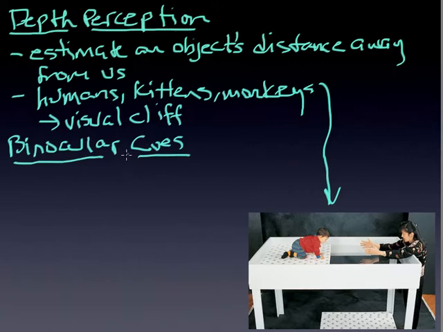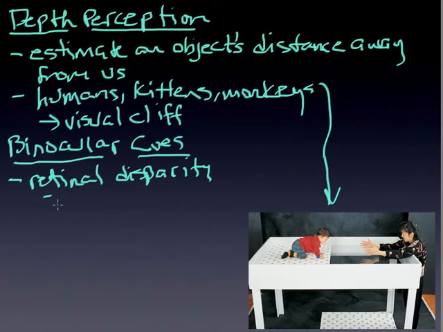Binocular cues use information from both eyes, and the key component to this is what is called retinal disparity. And we judge based on the differences of the information coming from each eye. We judge the relative distance of an object by comparing these two, by the disparity between the retinal images within each eye itself.